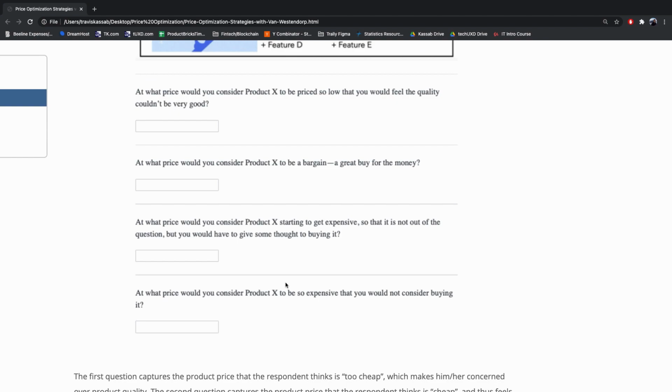A couple things you can do with that. You can either program survey logic to catch that in the moment when respondents are taking the survey. I bet Qualtrics probably has pre-programmed survey logic to deal with this. Price optimization is a big component of their product. Also, what I'm doing is just handling it on the back end.